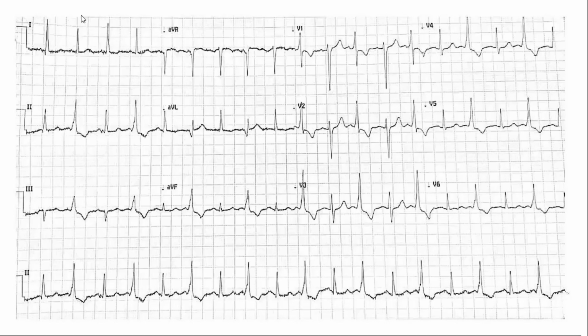And if you do not see the P waves before these wide beats, then you can give a very wrong diagnosis, definitely with a wrong plan of management. So good, this was a pathway that was intermittent. One beat was conducting through the node, the other was conducting through the pathway.